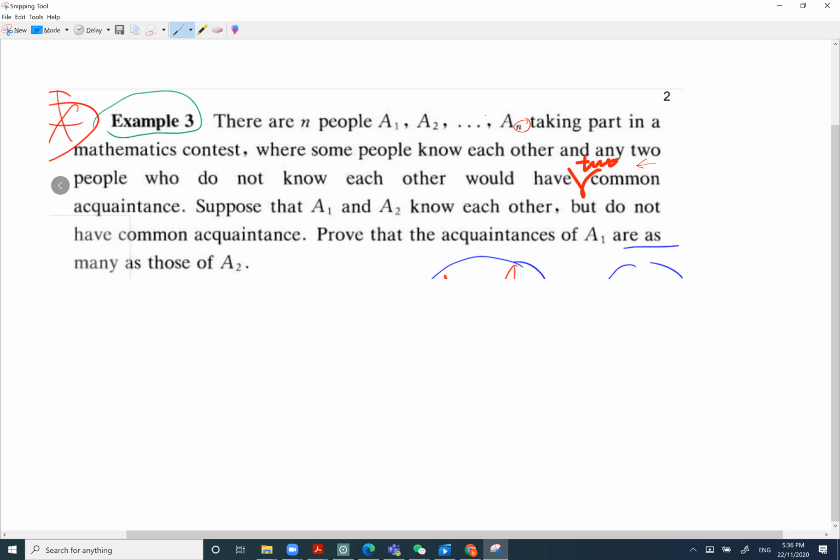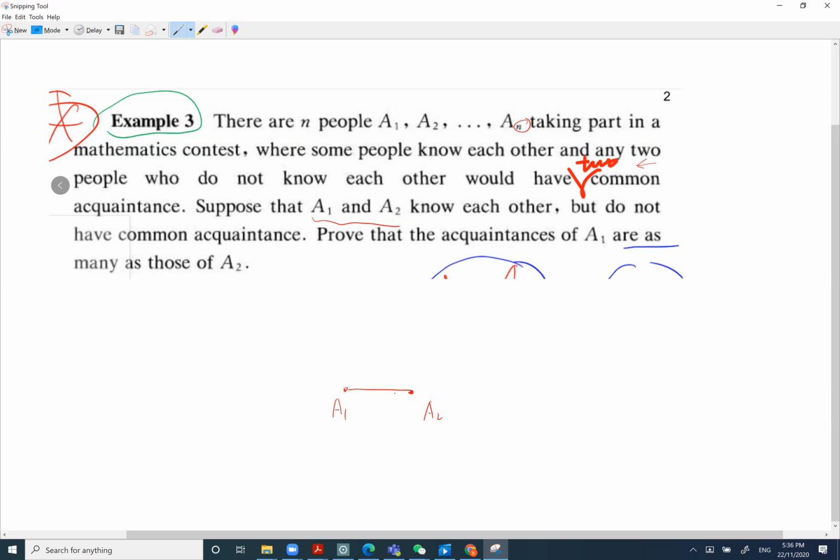Okay, read the question. They know each other. If we use graph idea, A1, A2 know each other, so we just connect it. They know each other, but do not have common friend.